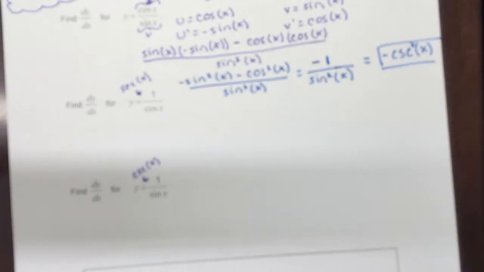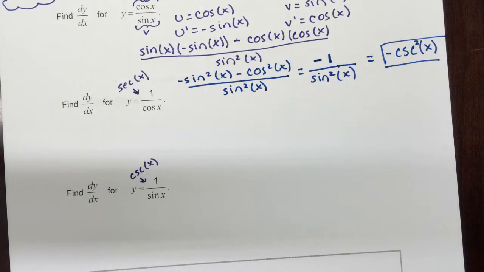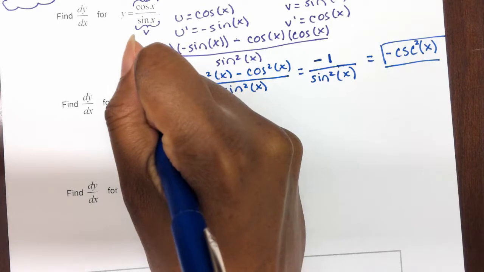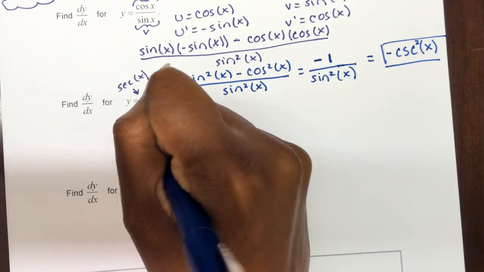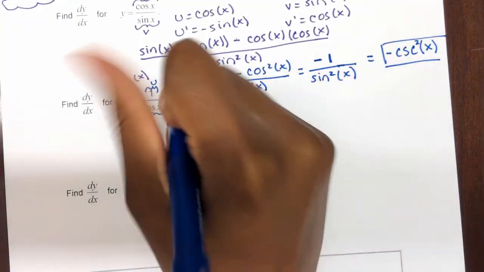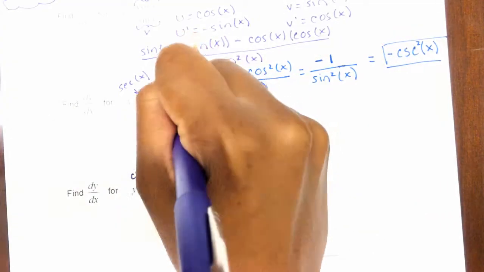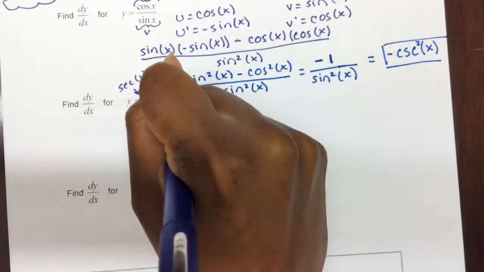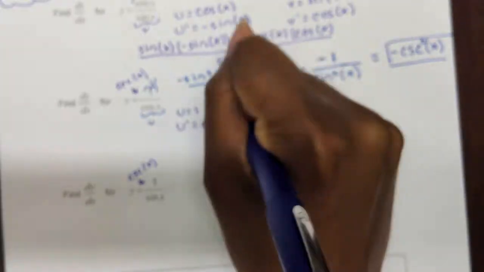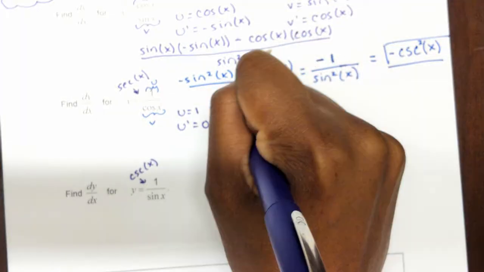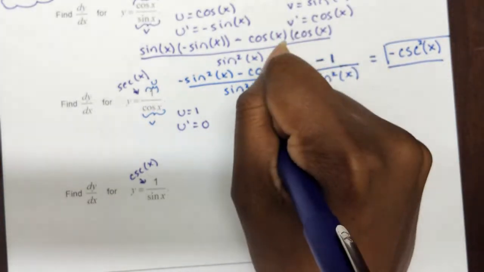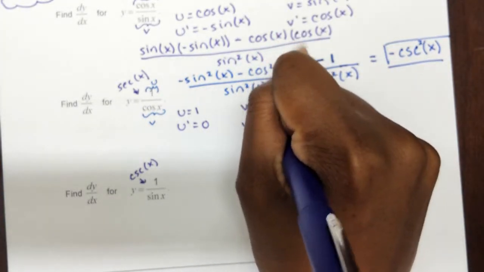And we're going to use the quotient rule 2 more times to figure out what those derivatives would be. So here we have 1 is u, cosine is v. So u is 1, u prime is 0, v is cosine, v prime is negative sine.